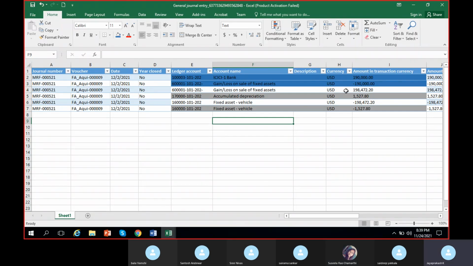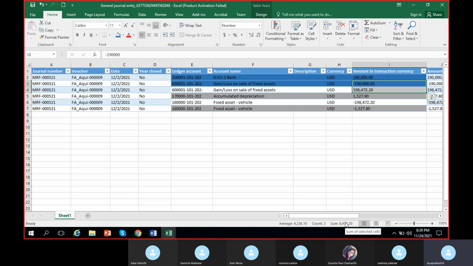So try again with a profit scenario also if you want to. Here we sold it for loss, right? So we can see gain or loss total amount is 8,472. If I would sell for profit, I'll see this one, I mean plus. Suppose I sell this asset for 2 lakhs, I'll see 2 lakhs here.